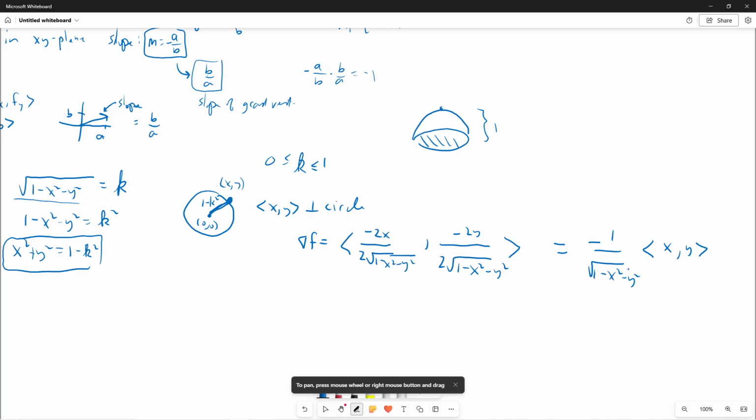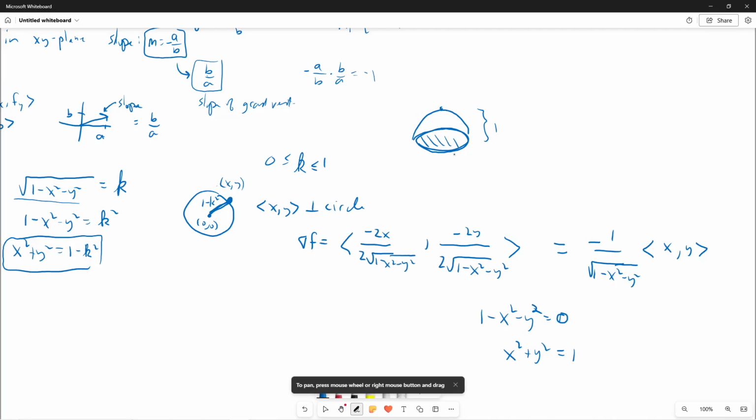And one issue is that this multiple is not valid if 1 minus x squared minus y squared is equal to 0, which means that x squared plus y squared is equal to 1. And that's along the unit circle here at the base of the hemisphere.